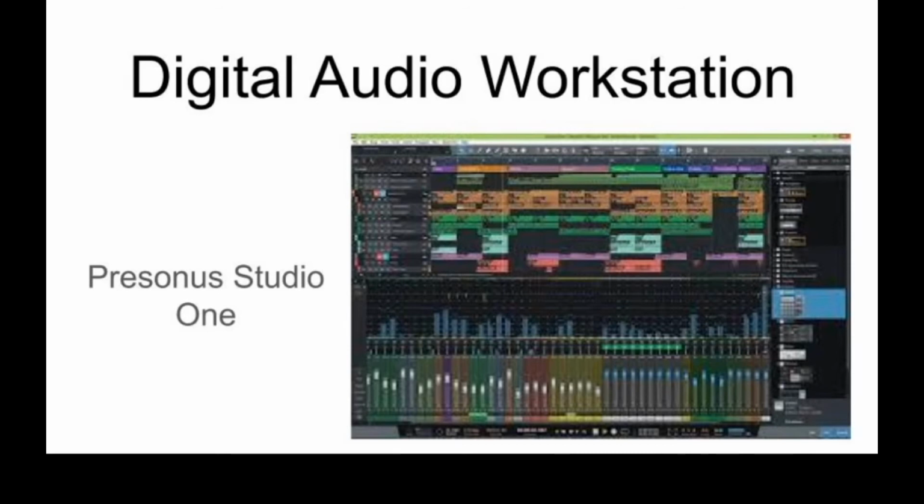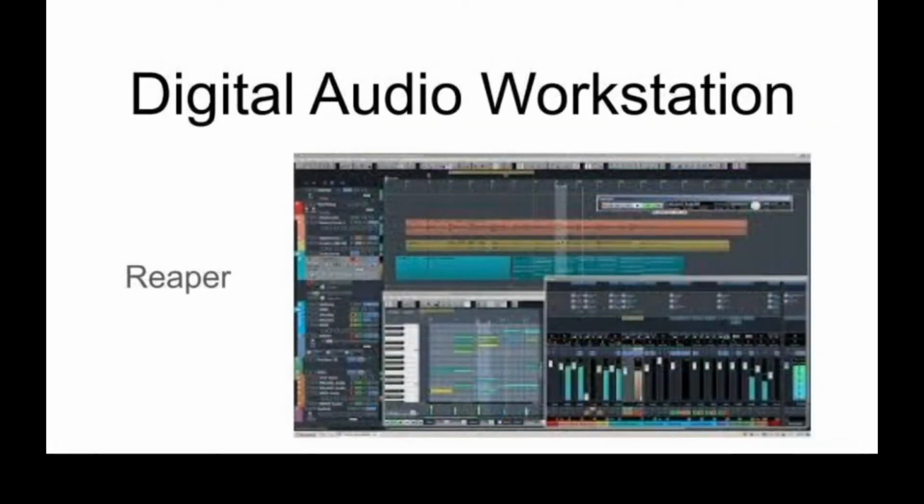It's just quite a nice piece of software. From there you can go to Reaper, which is what Andy uses. Once again, if you went down that route, Andy can give you quite a lot of support on that and help with trying to set that up, etc.